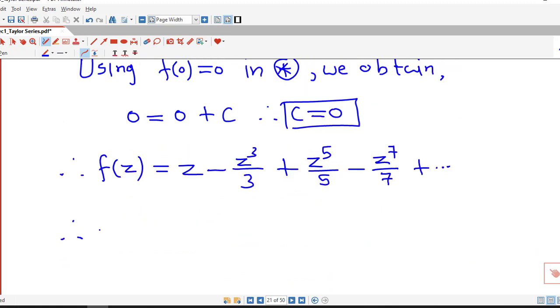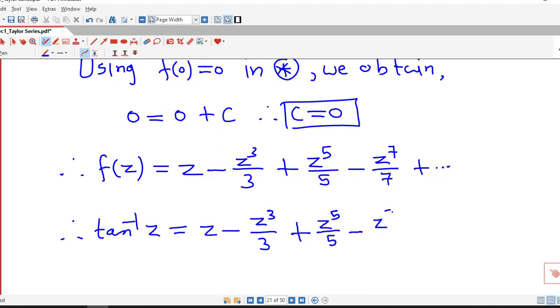And f(z) is nothing but tan inverse z. So we have obtained the Maclaurin series of tan inverse z, which is valid in the open disk mod z less than 1.